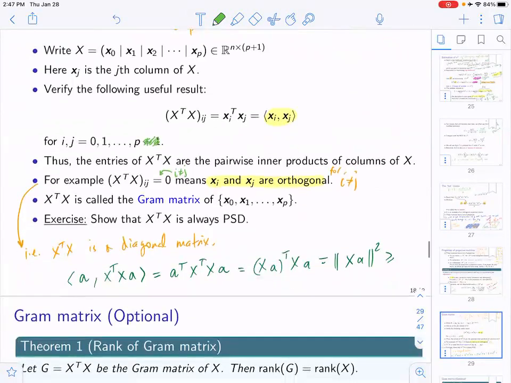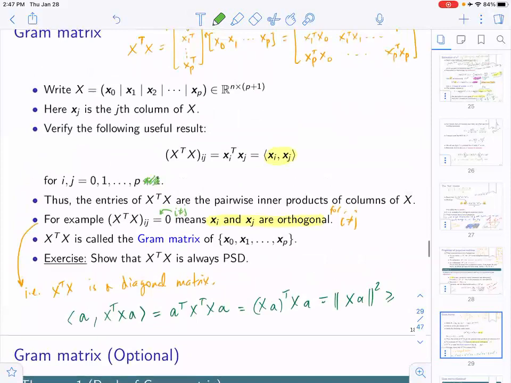So that's the meaning of the gram matrix, and it's useful to remember this property. If I tell you that you have X and the columns are pairwise orthogonal, then you know something. If I tell you that, for example, all the columns are orthogonal to X0, which is usually 1, then you know something about the first row of this matrix.